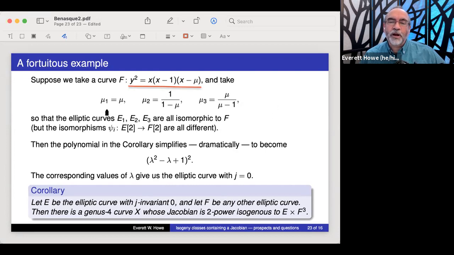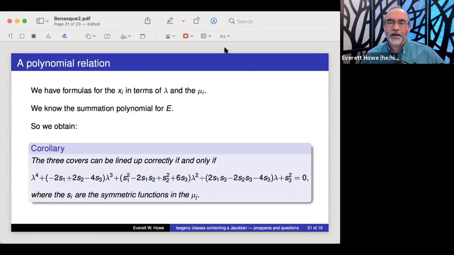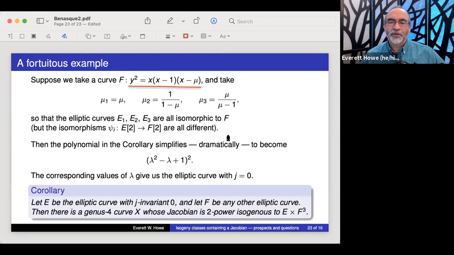And then you plug those values into the polynomial from the corollary a couple pages back. And that polynomial, which was not that complicated to begin with, becomes much simpler. It turns into this. It doesn't depend on mu at all. And the lambda values you get correspond to the j equals 0 curve.